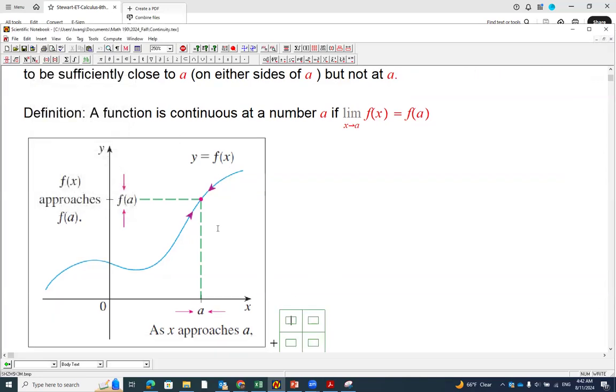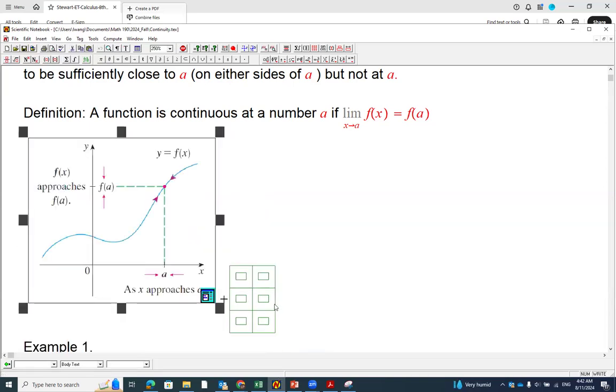The first one is that the function must be defined. So the first one is f of A must exist. f of A must be defined.